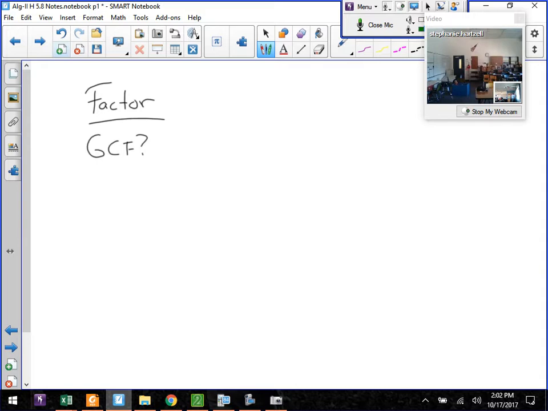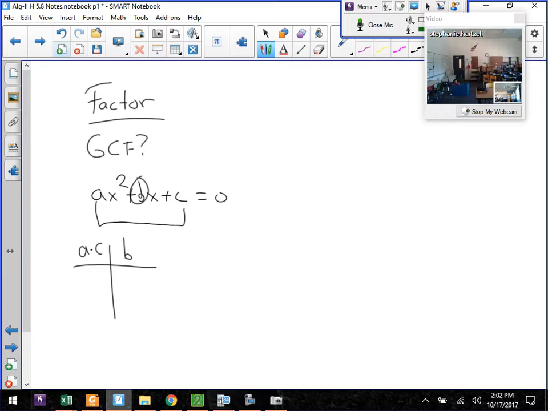I would always look for GCFs first, and then I would see, if you have your ax squared plus bx plus c, I would check and see what multiplies to my tails that adds to the middle. So if I can figure out what a times c is that adds to b, if I can find that quickly, I'm just going to go ahead and factor. If not, then I fall to one of the other setups.